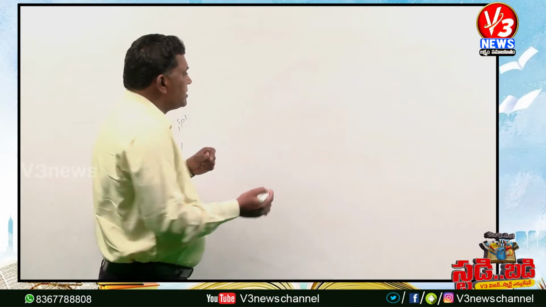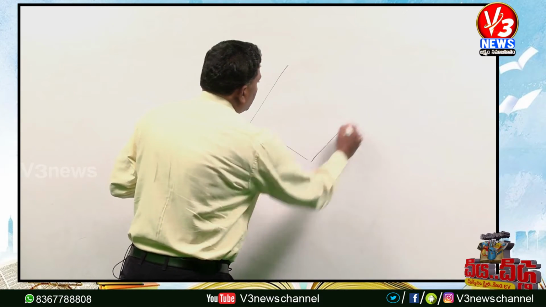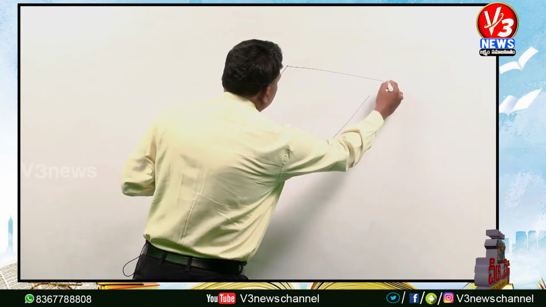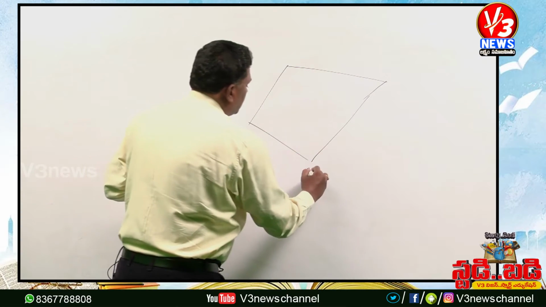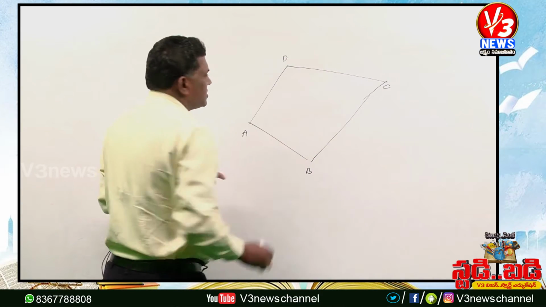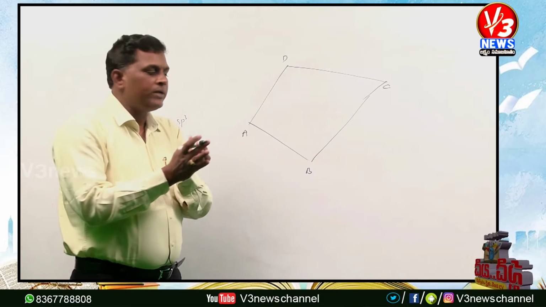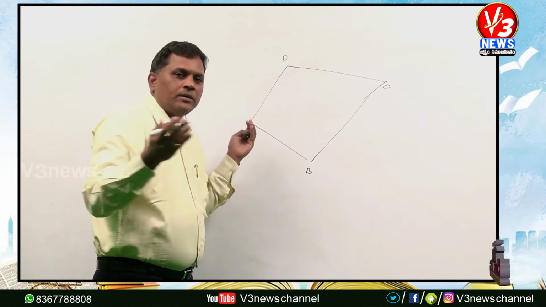For example, randomly choose one quadrilateral ABCD. It's a very standard problem in fact. You can find this problem in almost every material.